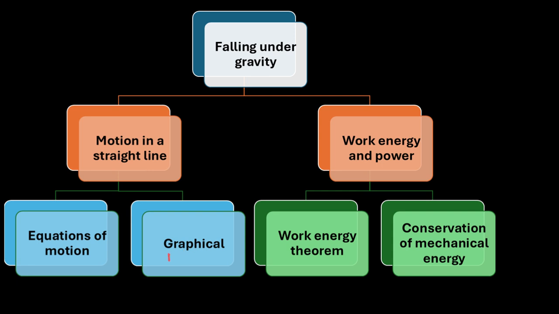To be more precise, this is integration or area under the curve. And then we have work energy theorem and conservation of mechanical energy as 2 separate concepts in work energy power. Of course, I mean the 2 different chapters.